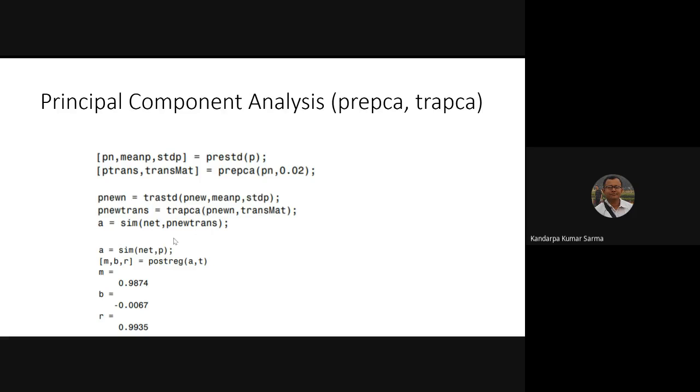So this one goes through. Then once you do the training and you simulate the network's response, since we have here done a PCA, or considered the principal components, we have restricted or removed the redundant part from the pattern.